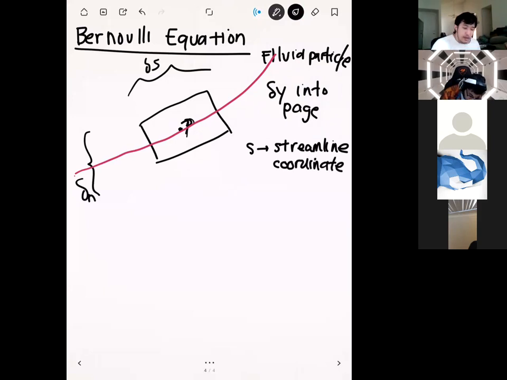And so where we left off, we were characterizing the forces on this particle. On the one side right here, we have a pressure force.